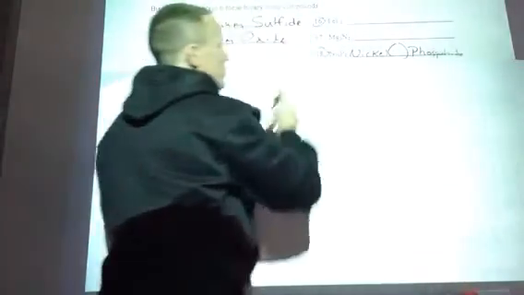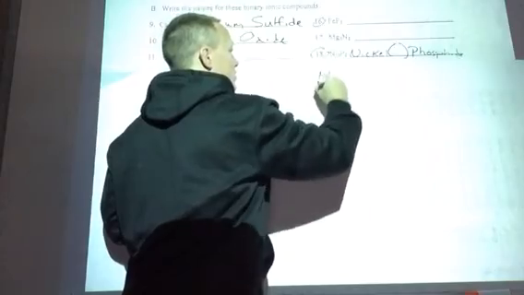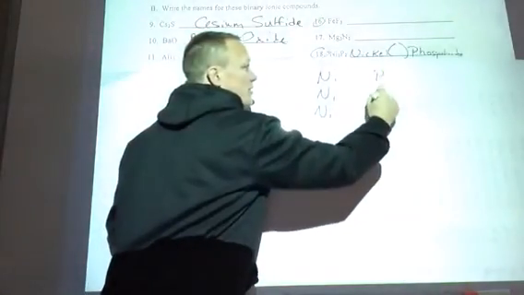If I erase these. So nickel phosphide means you have nickel, nickel, nickel, 3 nickels with 2 phosphoruses.